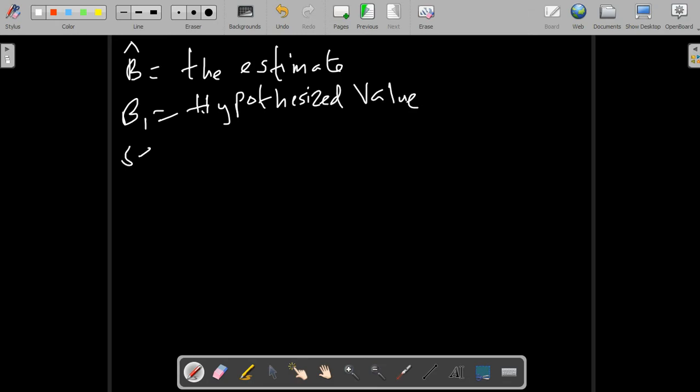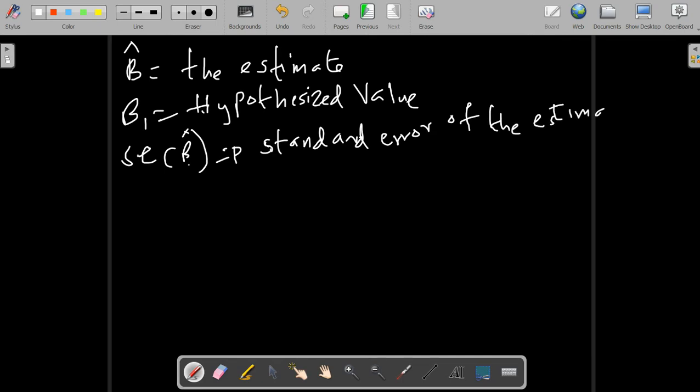Also, SE of beta estimated represents the standard error of the estimate, n represents the number of observations, and k represents the number of parameters.